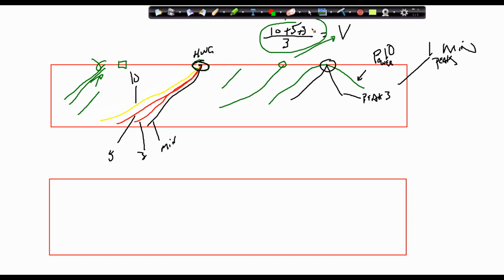Remember, it's the 10, 5, and 3 peak 3s divided by 3. So what does the power 10 represent? At the 10-minute level, there's 4 turnaround indicators. At the 5-minute level, there's 4 turnaround indicators. At the 3-minute level, there's 4 turnaround indicators.